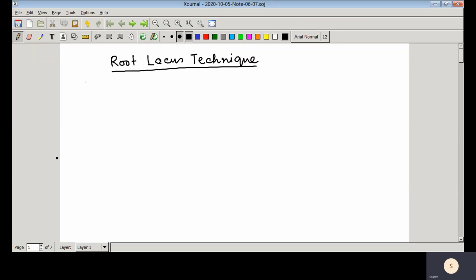This is lecture 17. Today we'll start a new topic that is called the root locus technique. This is a graphical tool for control system analysis and design.